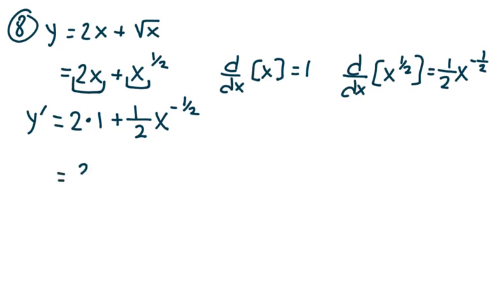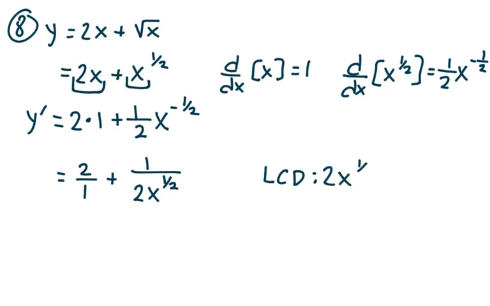And so here, the derivative of 2 times x with respect to x is 2 times 1. And then I've already established that the derivative of x to the 1/2 with respect to x is 1/2 x to the negative 1/2. And this is 2 over 1 plus 1 over 2x to the 1/2. Now, the LCD is 2x to the 1/2. So I'm going to take 2 times 2x to the 1/2 and divide by 1 times 2x to the 1/2. Okay?